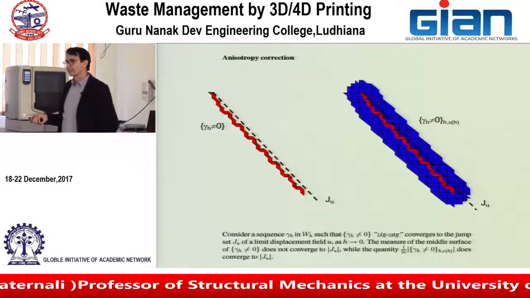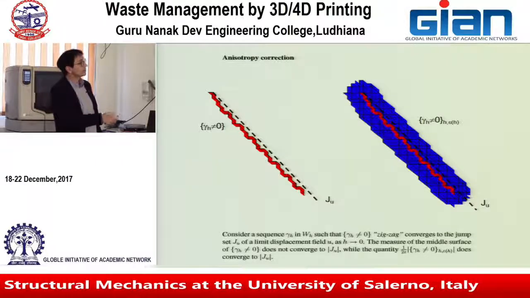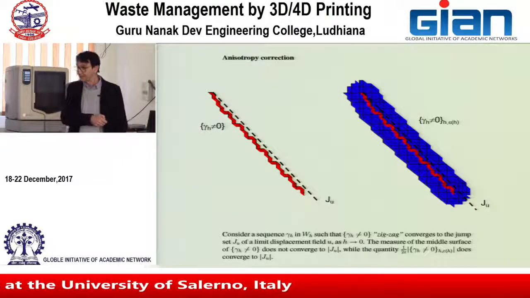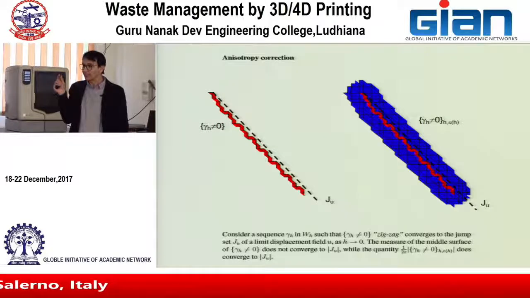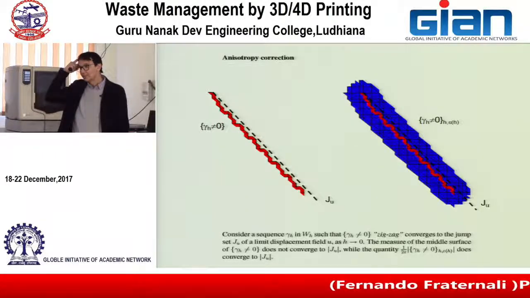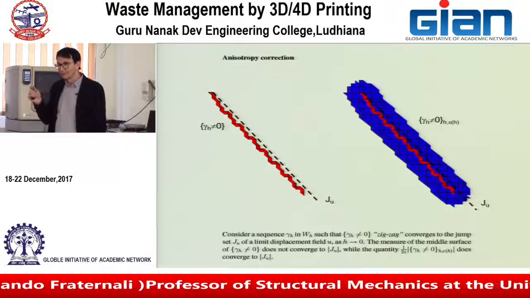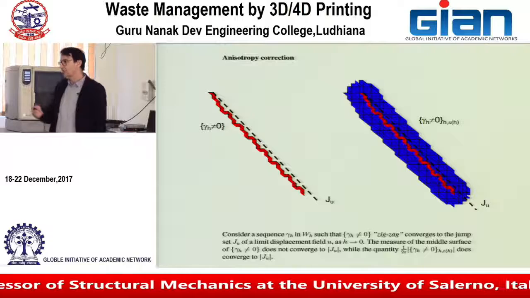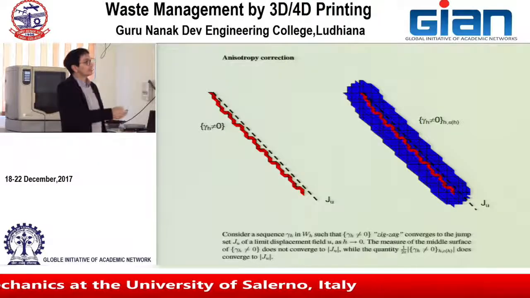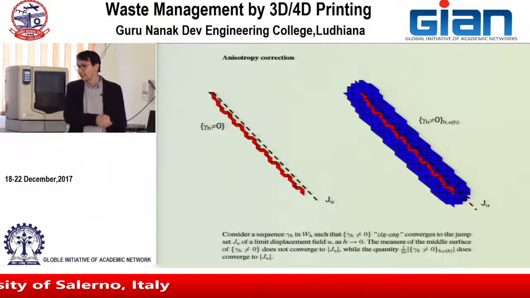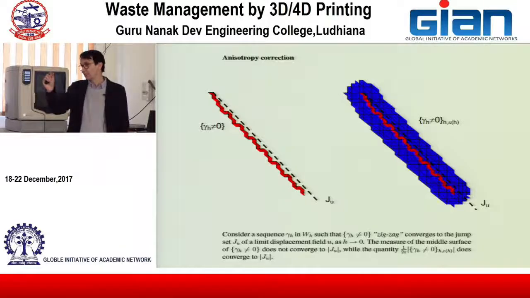One can think, I take the volume, the red volume, and I divide by this H, which gives a surface. In this case, if you are in 2D, the red is an area. We divide by H, which is a length.